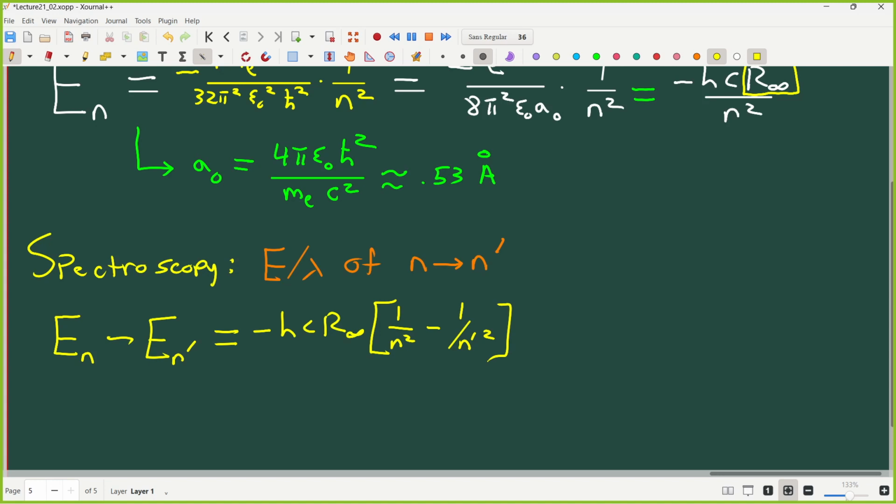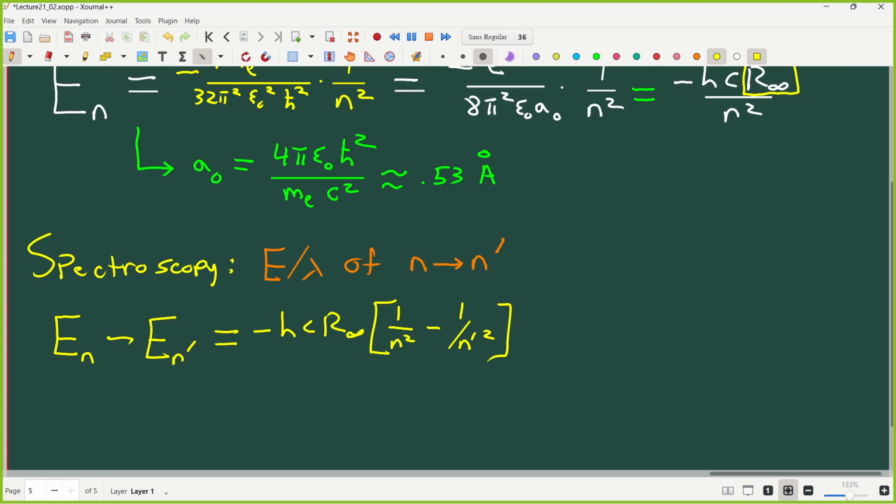The difference between n equals 1 and n equals 2, 1 over 1 minus 1 over 4, is on the order of 3/4. But for n equals 11 and n equals 12, 1/11 minus 1/12 is much smaller than 3/4. So the energy level spacings for the hydrogen orbit, unlike the Schrodinger equation, sorry, oh my God, I'm talking too much.